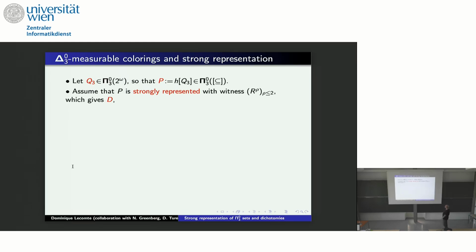And if you have strong representation, you can define D, the set of finite sequences appearing in the representation of somebody in P. And we have canonical maps, so the one I defined. But there is also another one, which is an intermediate one. If you replace square bracket R2 by square bracket R1, you have another canonical map, which will be very useful.